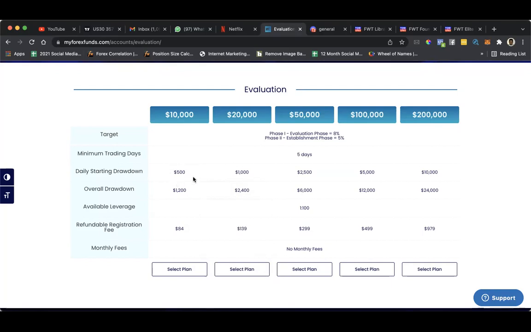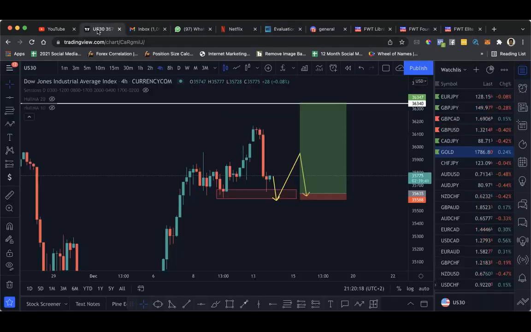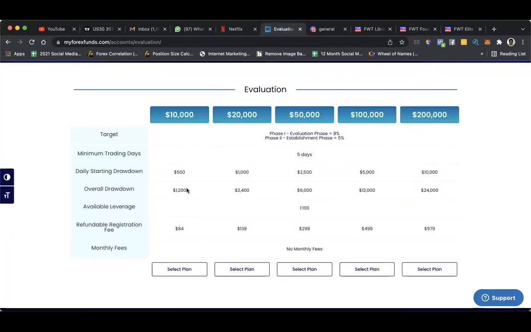And every day, the max drawdown that you can have is 5%, which in this case is $500. When you trade the way we want you to trade, you can be risking 1% and you make 5%. There is no way you master how to trade this way and then lose this challenge, because you are not risking so much.